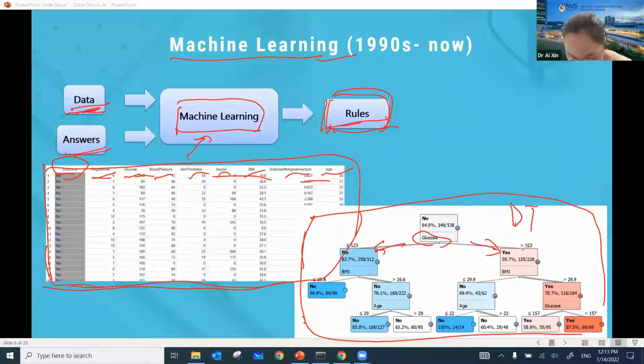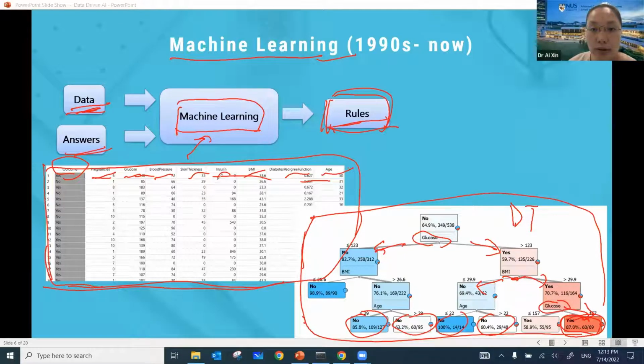After that, it checks the BMI, and then it checks glucose again. If it is still very high and you end up at the red nodes, it's highly likely you have diabetes. If you end up at the blue or light blue nodes, then it's likely you don't have diabetes.